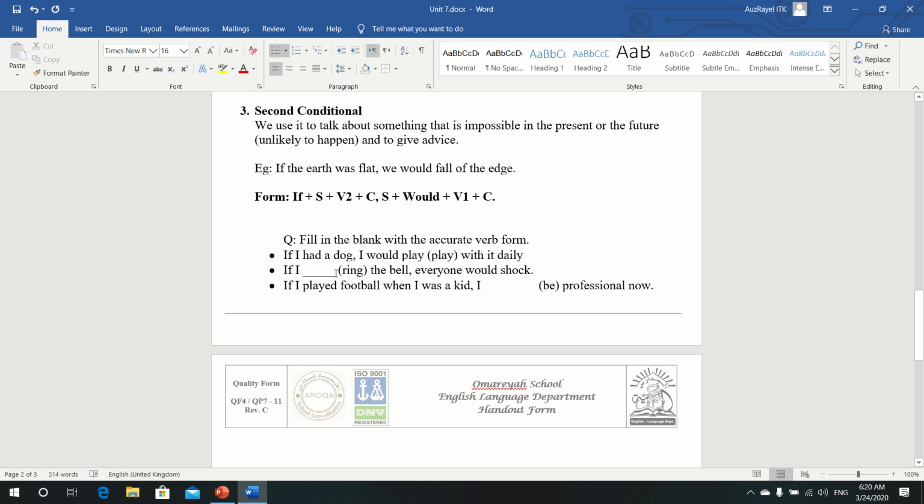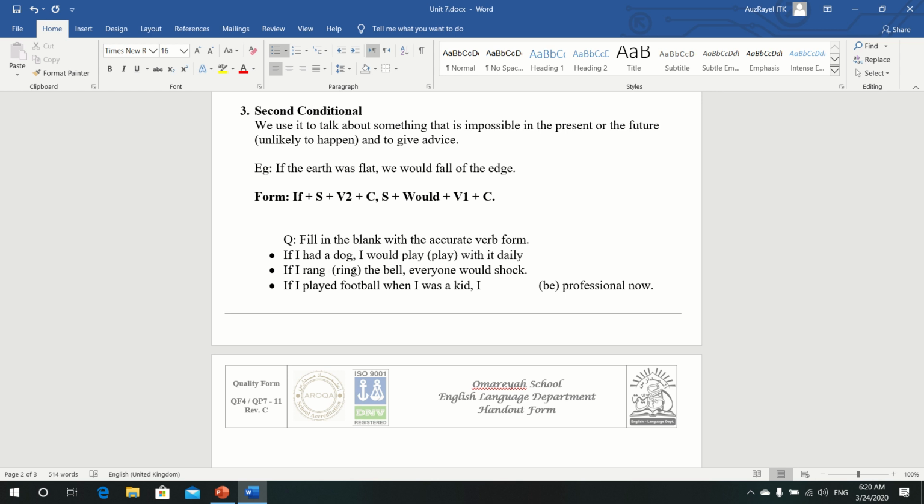So for the second conditional, what type of verb do we use in the first part? We use verb 2. Yes. So ring, rang. Okay. We have the verb rang, which is verb 2 of ring. Okay. If I rang the bell, everyone would shock.